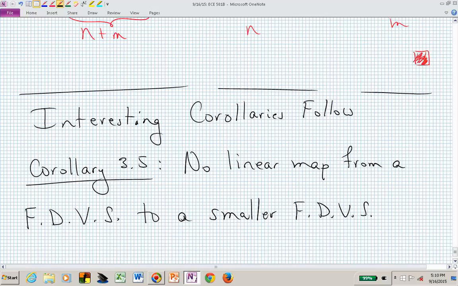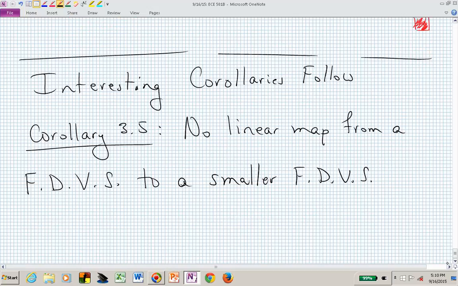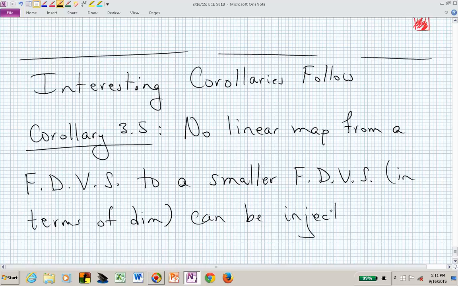So let's say we have a linear map that maps R5 to R3. That's what I'm saying here. No linear map from a finite dimensional vector space to a smaller finite dimensional vector space in terms of dimension can be injective.